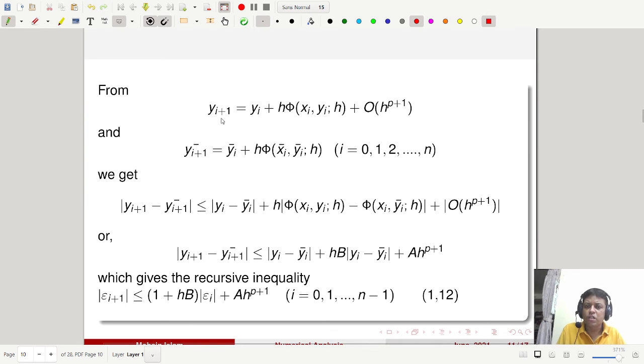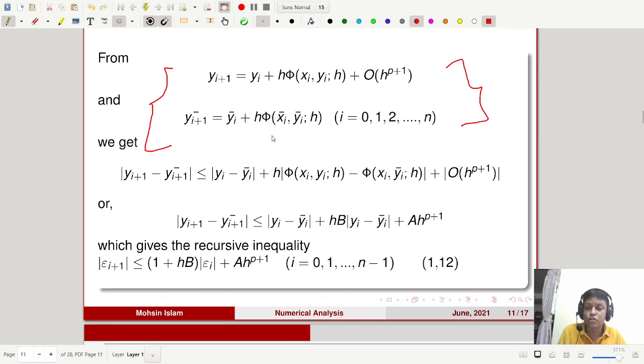Next, we will use the notation i plus 1, i. Using these relations we mentioned earlier and taking the difference of these two equations, we can write modulus of y_{i+1} minus y bar_{i+1} less than or equal to modulus of y_i minus y bar_i plus h times phi(x_i, y_i, h) minus phi(x_i, y bar_i, h), plus modulus of order of h to the power p plus 1, and this is less than or equal to some constant times h to the power p plus 1, as mentioned earlier.